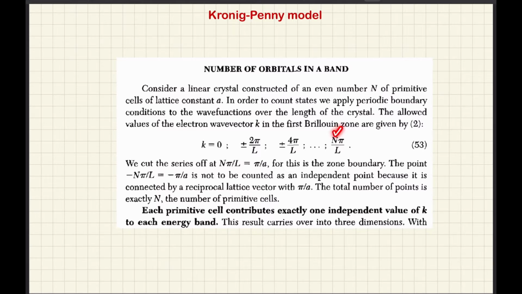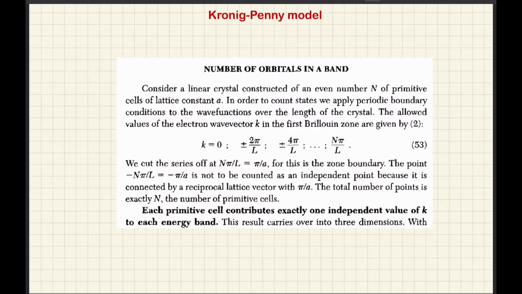If you have n primitive cells of lattice constant a, that means in a linear crystal constructed of an even number of primitive cells, the number of orbitals in the band is given by n.